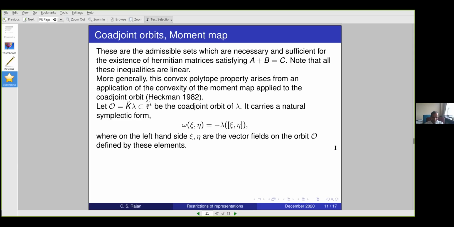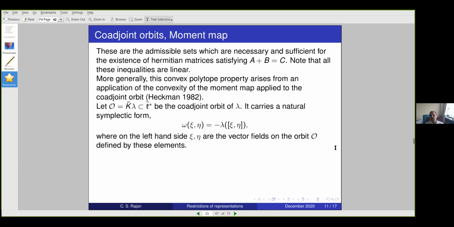And the point is, it carries a natural symplectic form, which is that you look at xi and eta, which are elements of the Lie algebra of K tilde, and they act on the orbit. So when I take the exponential map on xi and eta, they define vector fields on the orbit.